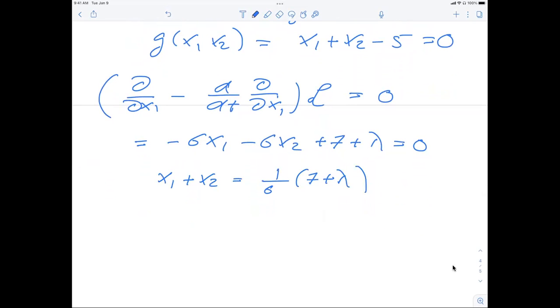And when you go back to the constraint which we had, this is actually equal to 5. That's the constraint which we put onto x1 plus x2. So this has to be equal to 5 when we use the constraint, and that leads to lambda equal to 23. So we found the optimal value for this parameter lambda.